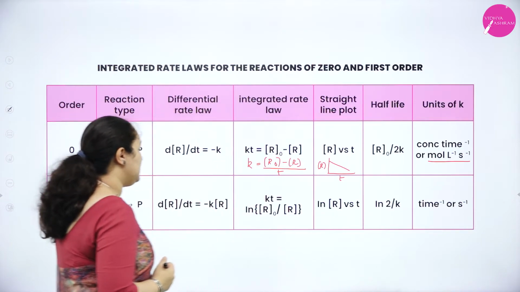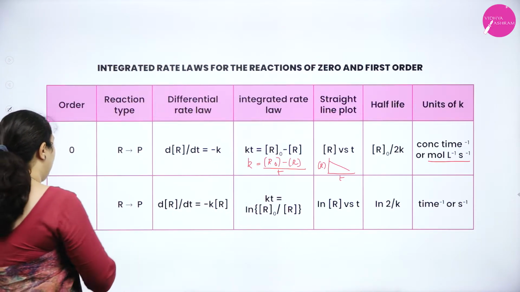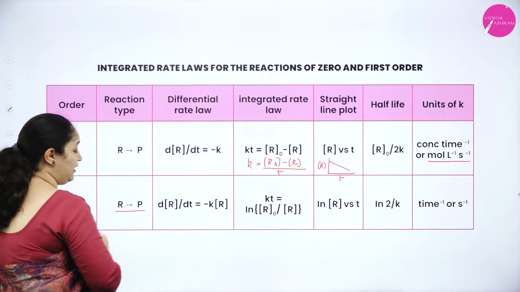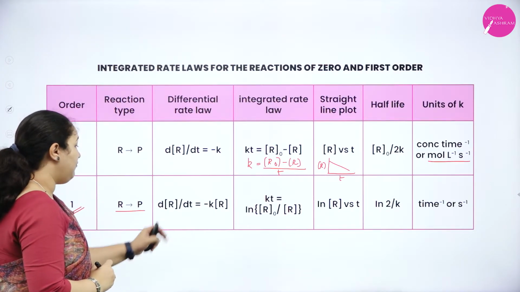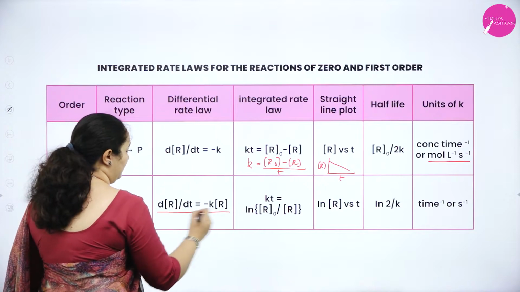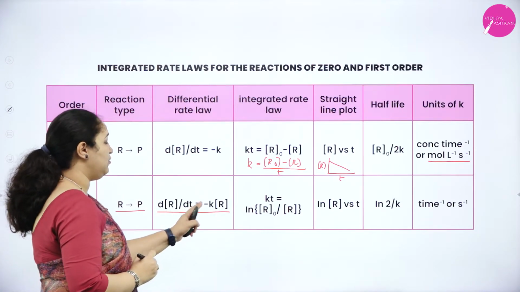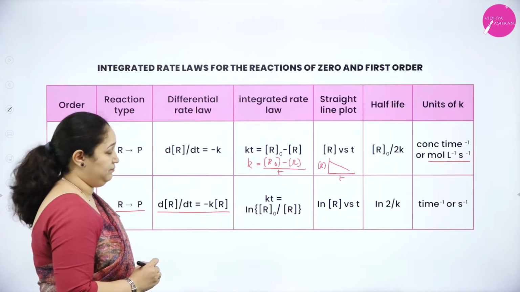Okay, next is for first order reaction, R giving P. For this, if I write the differential rate law, it will be dR by dt is equal to minus kR.